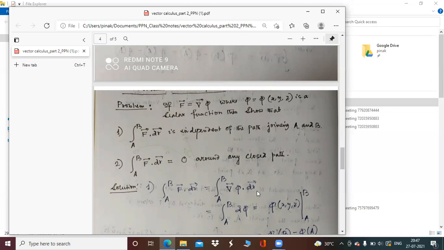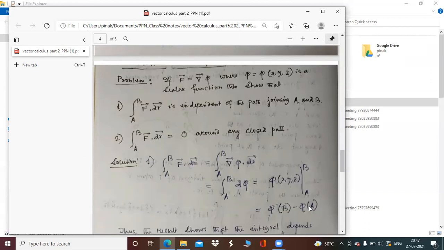Now grad of phi dot dr bar is nothing but d phi, that means the total change in phi. So it is written as integration a to b d phi. Now integration of d phi is nothing but phi, so it becomes phi of x, y, z with limits from a to b.